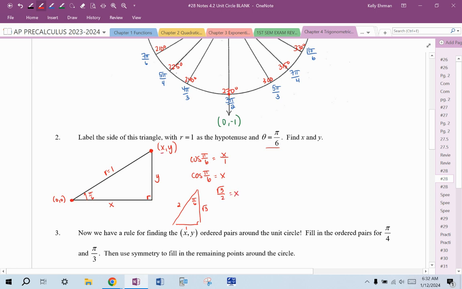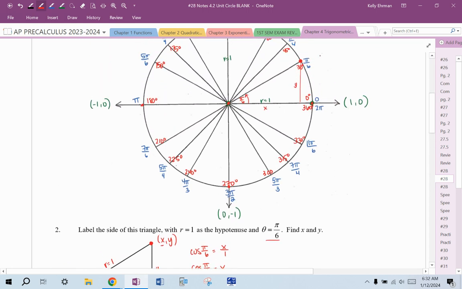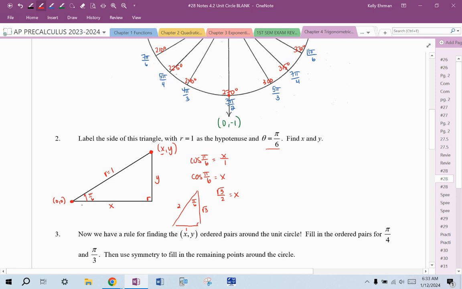Now I know from 0, 0, this point on the circle is at radical 3 over 2. That's how far to the right we have to go. And then how far up do we have to go? Well, I can work on this triangle again and say the y-coordinate is opposite of the angle. So I can set up a sine of pi over 6 equation. It's equal to y over 1.